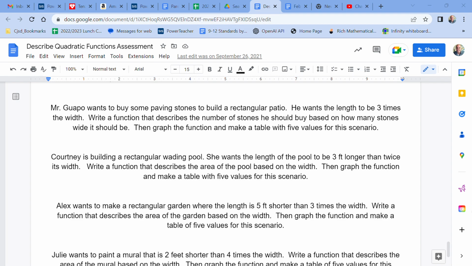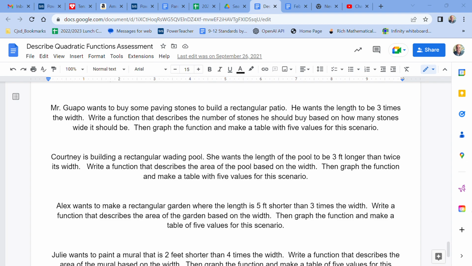So here we go. I've got a function that says X times 3X minus 5. That is a rectangle that's length is 5 feet shorter than 3 times its width. So I started by making the 3 times its width and then made it 5 feet shorter, right?